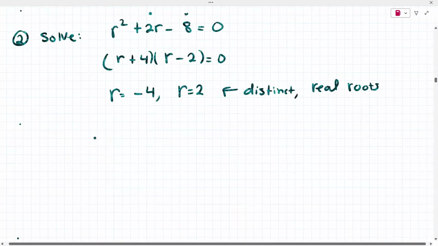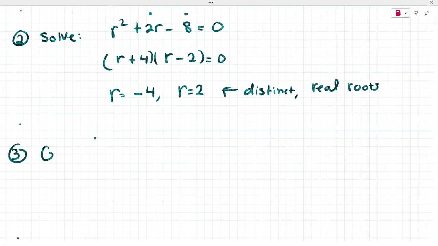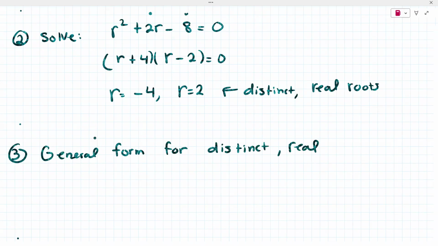Now that we found our r, step 3, put it in the general form. So put it in this form.